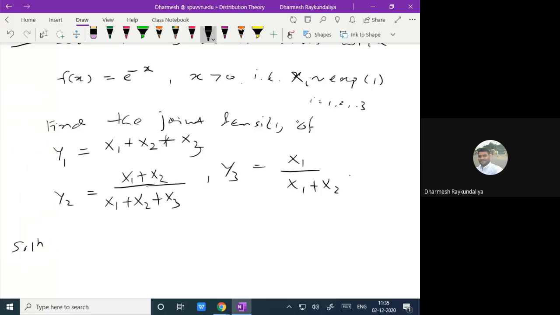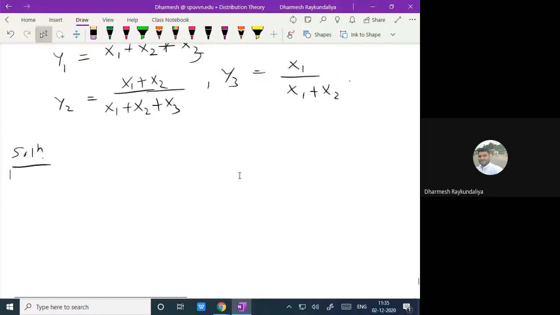So you can see that three variables are given, and y1, y2, y3 are also three functions of x1, x2, x3. So this is g1, this is g2, and this is g3. It is a function of x1, x2, x3. So what is given?